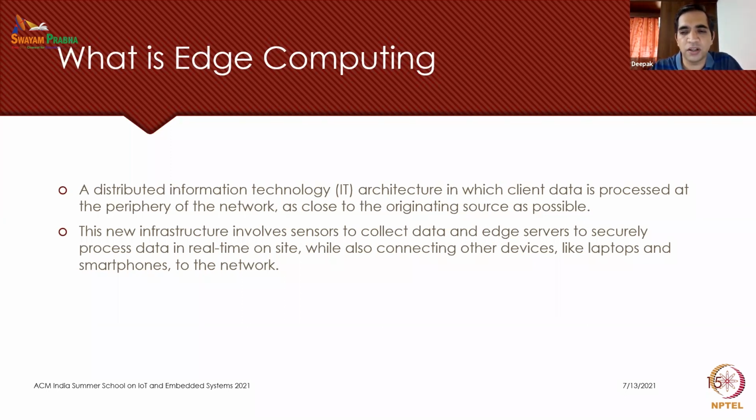So you're not coming to the core of the network where the cloud exists, but you're processing it at the periphery of the network, and if possible, very close to the source where it is originating.